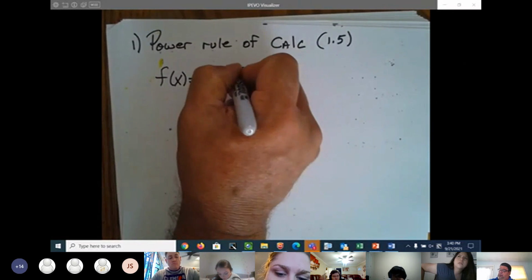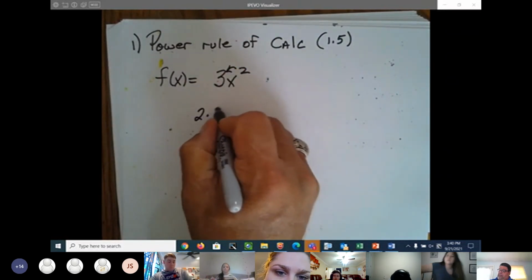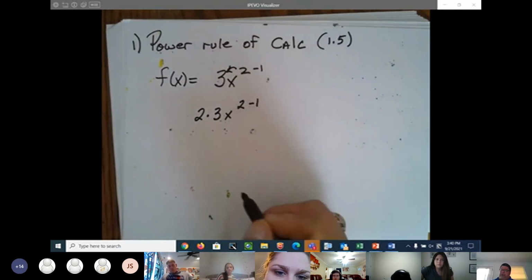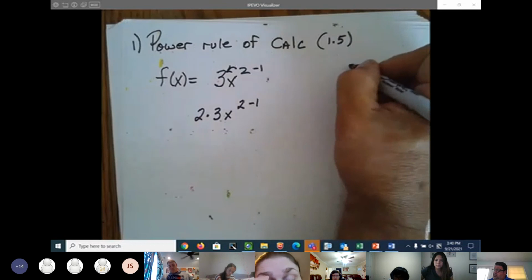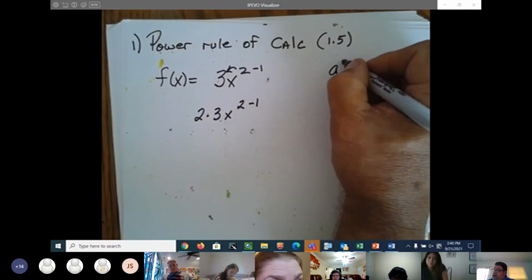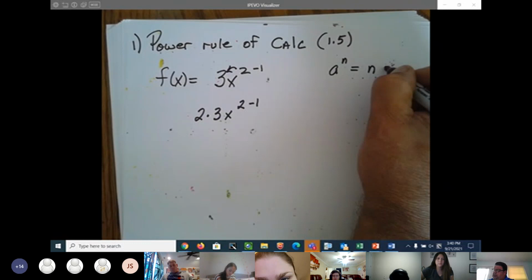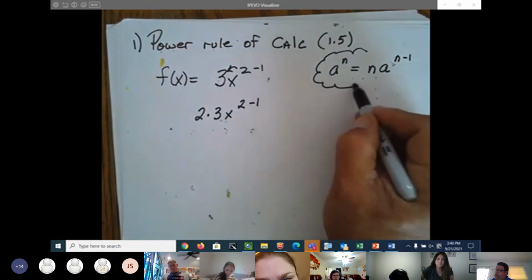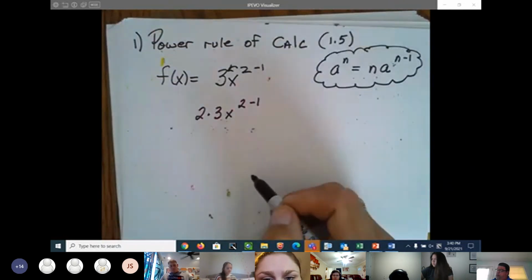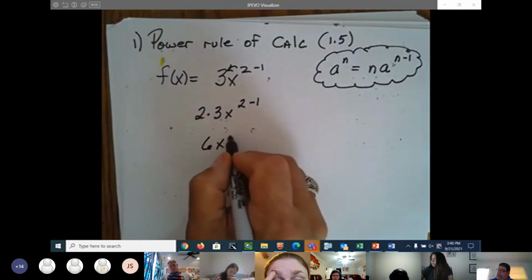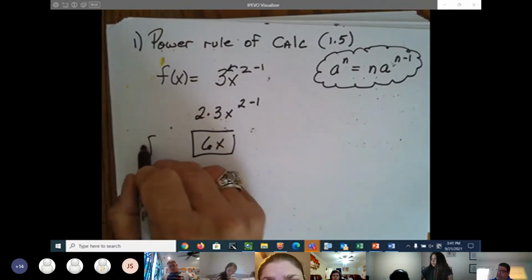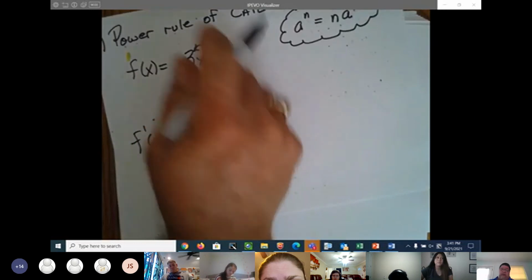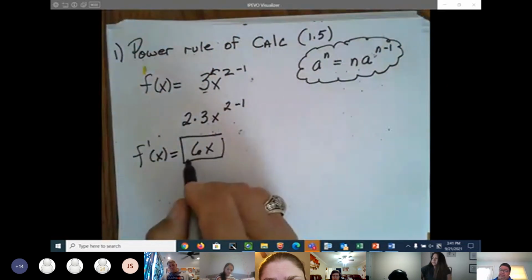You take the 2, you multiply it by the 3, and then you subtract 1 off of the exponent. A to the n power is equal to n times a to the n minus 1. That's the power rule. 6x to the first. So the derivative f prime of x of 3x squared is 6x.